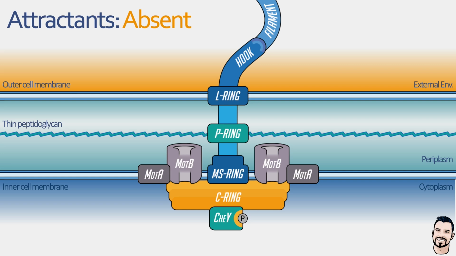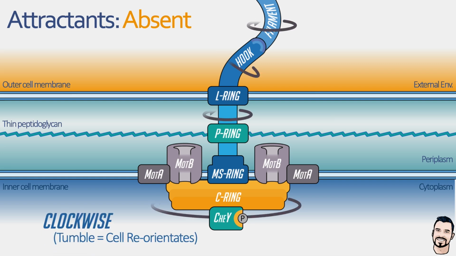When phosphorylated CheY binds to FliM, it triggers a conformational change within the C ring, which causes the motor to shift to clockwise rotation. And hopefully you will remember that this disrupts the smooth bundle of flagella responsible for free swimming and causes the cell to tumble and reorientate itself, changing direction.